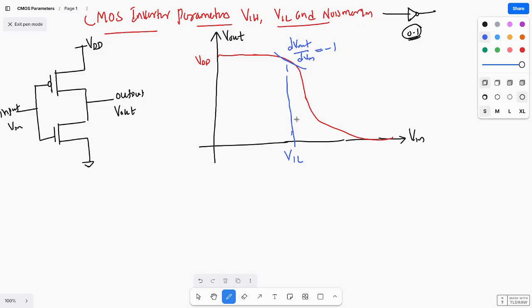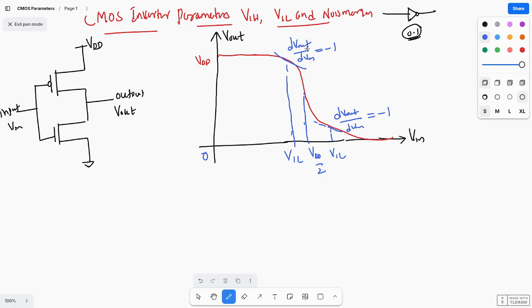Next, at this point, dVout by dVin equals -1 again. This point we call VIH. The center point is VDD by 2, and this is 0 volts.